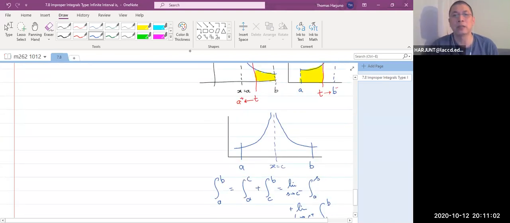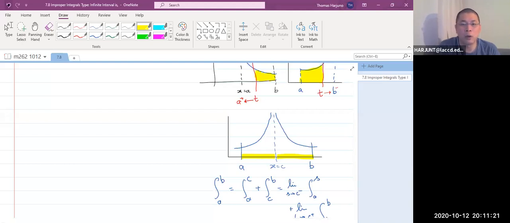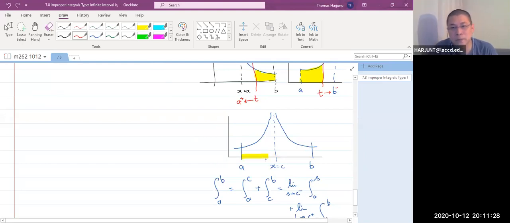Okay, so again, basically this integral from a to b, because we have this discontinuity at c, we will break it into the integral from a to c plus the integral from c to b. Then the one from a to c will be done from a to t, and then you push this t going to c from the left-hand side.